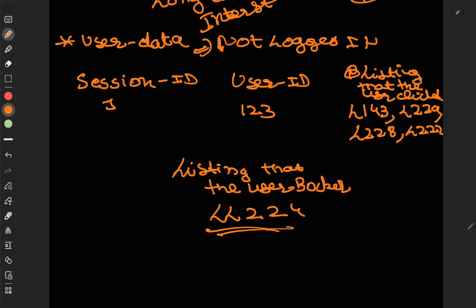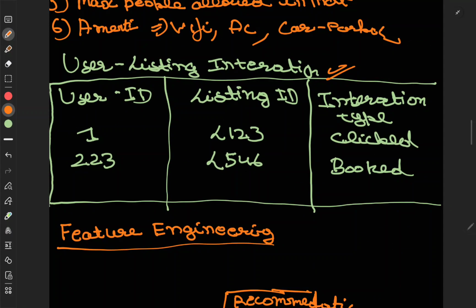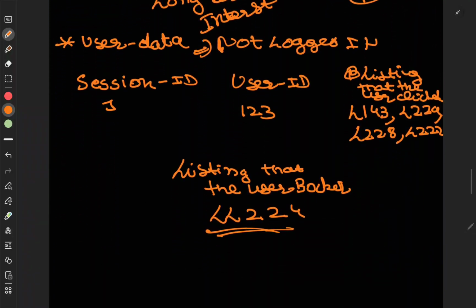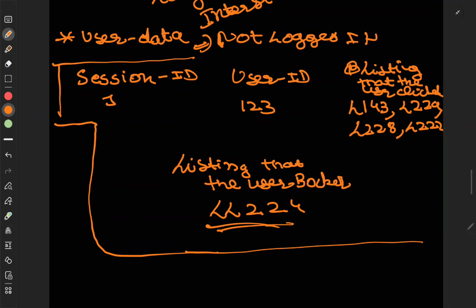Such kind of data can be useful for us, and we already have this data with us, in user listing interaction, that is, what particular user went to what particular listing ID and whether he clicked it or whether he booked it. Somehow we need to explain to our model that this is the user's behavior.